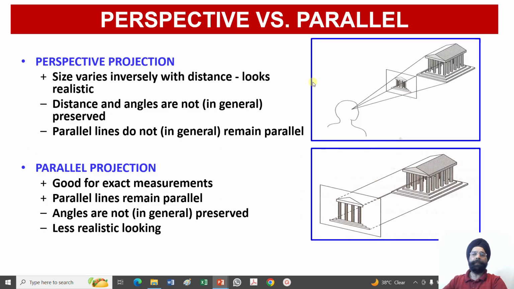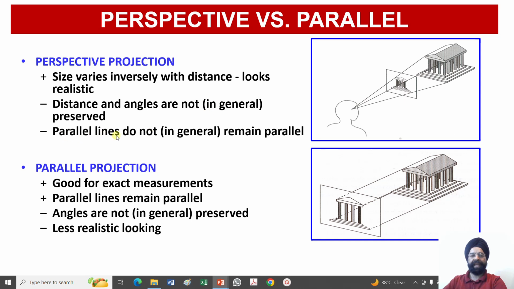Then if we compare the perspective and the parallel projections, here you can see the size of the object is varying. The size of the image and the object are different. But in case of parallel projection, they are the same. In case of perspective, size varies inversely with distance, so it doesn't look realistic, and distances and angles are not maintained.